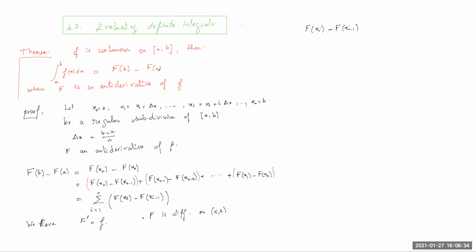It is continuous, we need the continuity also. Yes, F is continuous on the interval [a, b], because f is continuous, so F prime is more regular. F prime also is continuous.